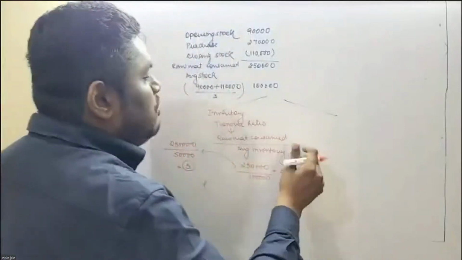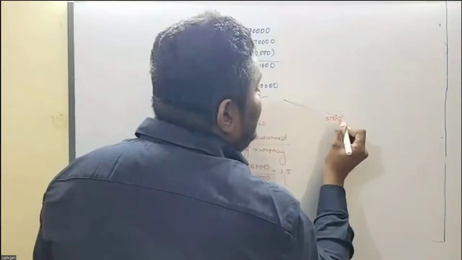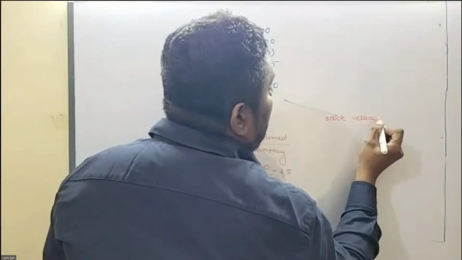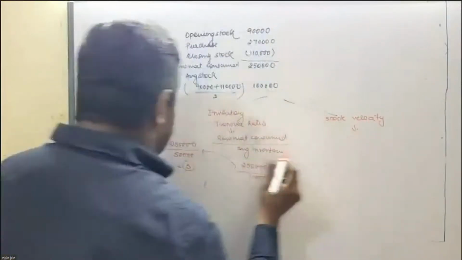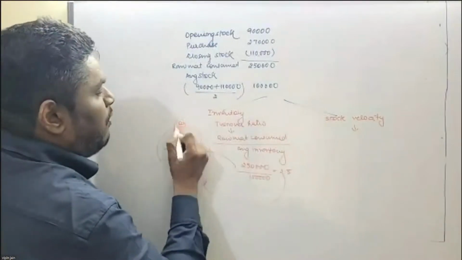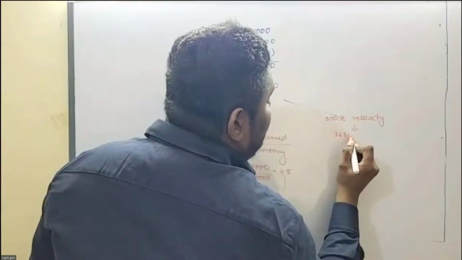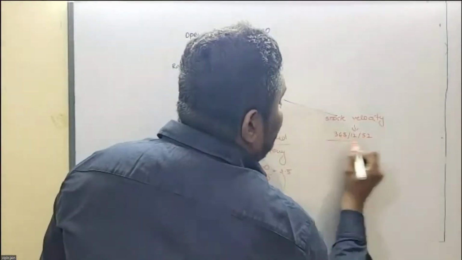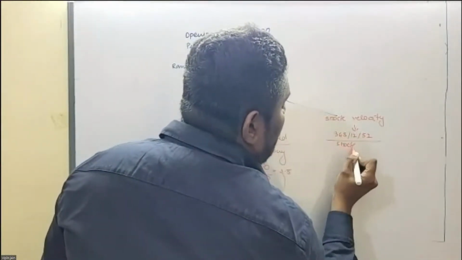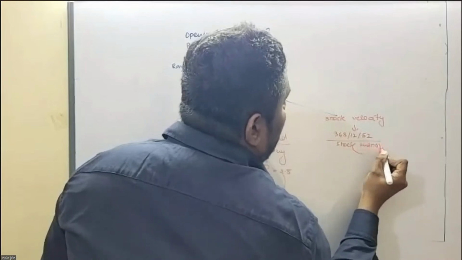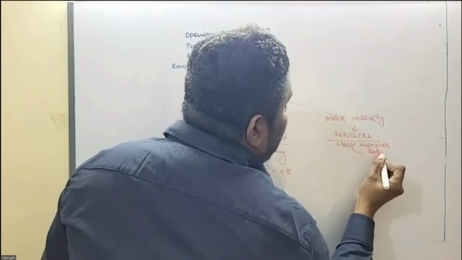When talking about stock velocity or stock holding period, it is 365/12/52 divided by stock turnover ratio.